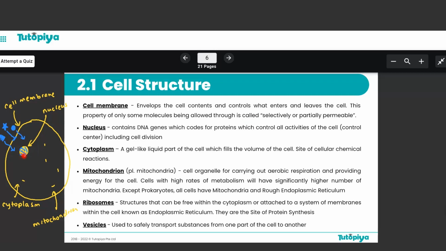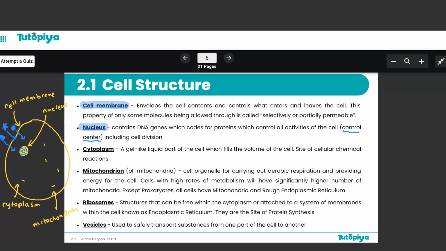And these proteins ultimately control everything happening in this cell. So we say that the nucleus is the control center of the cell, because the DNA controls all the activities taking place in the cell.